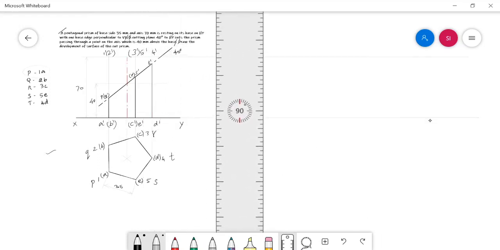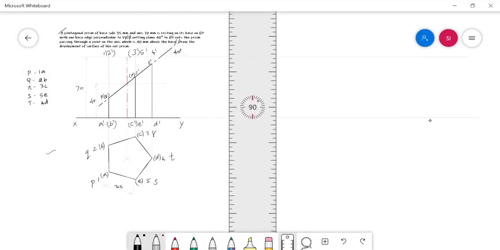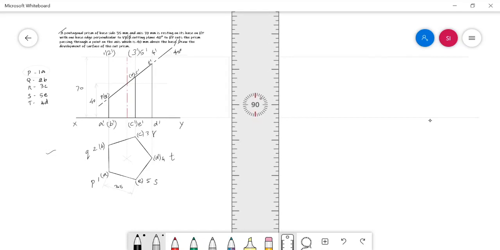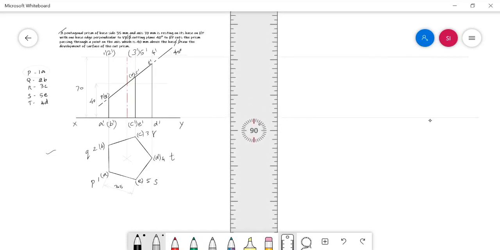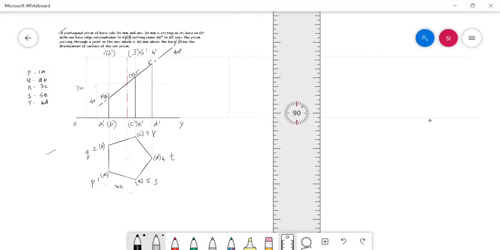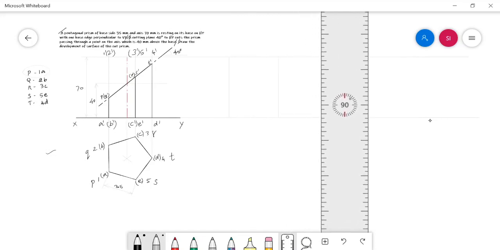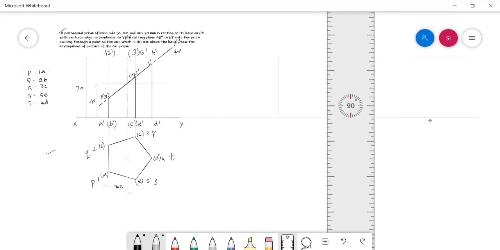And the distance between each edge will be the base side length of the solid. Here I am maintaining some approximate value only because I don't have the facility to draw with linear measurements.